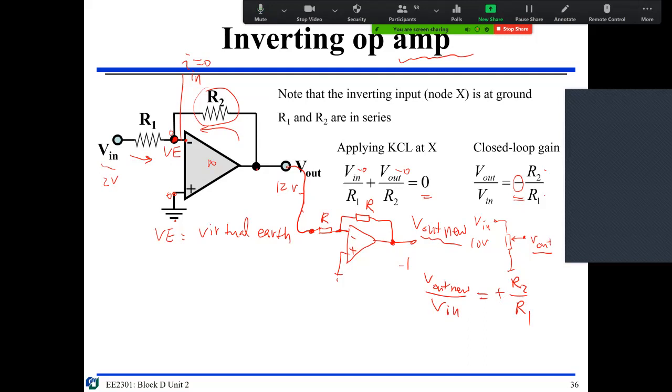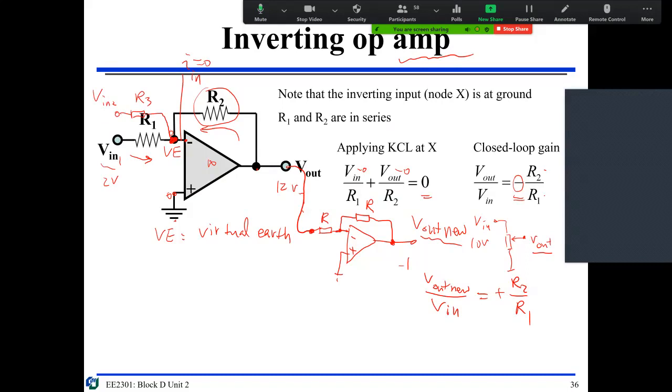But what if I have more than one signal? I have a V in 1, I have a V in 2, another signal. I want to add this one into this one, so you can just combine them, solder them together. Suppose this is R3.